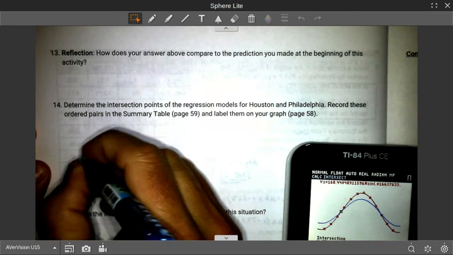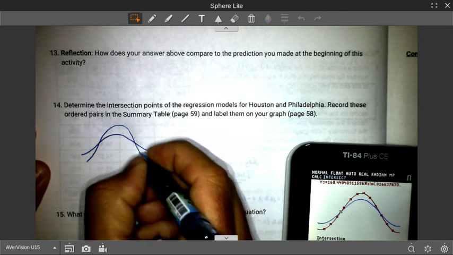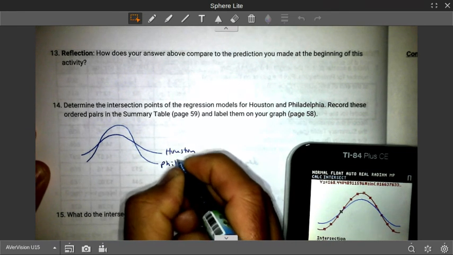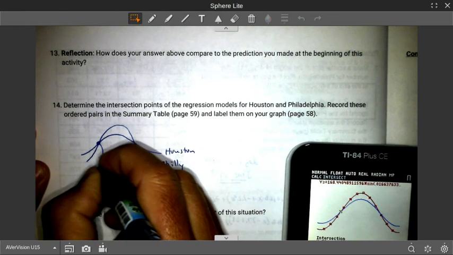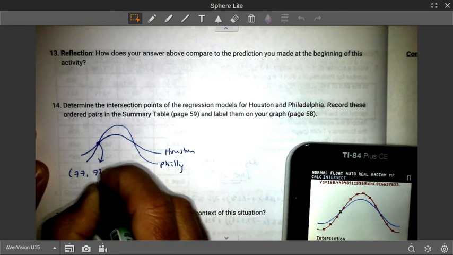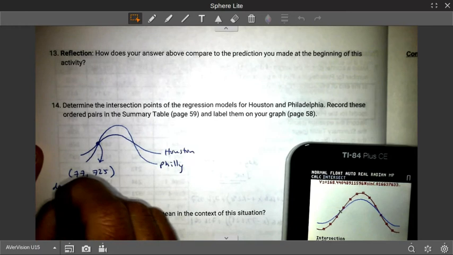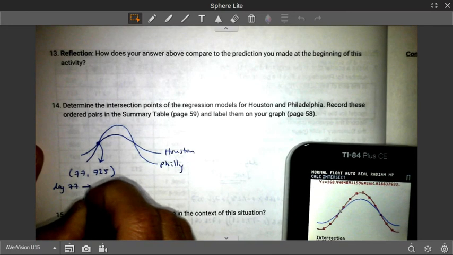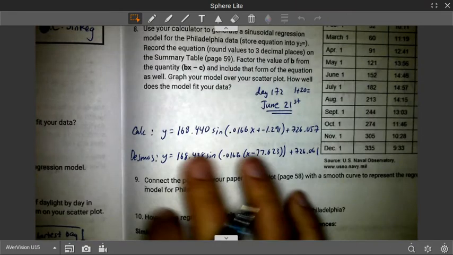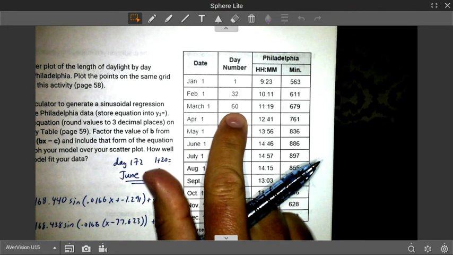So I'm just going to sketch this real quick. So here's Houston, here's Philly. This intersection point right here is 77, 725. So that's on the 77th day, which we'll then use our chart on the previous pages. Day 77 looks to be 17 days after March 1st.